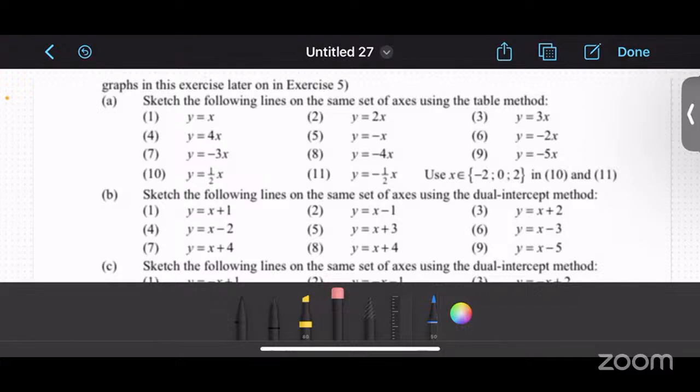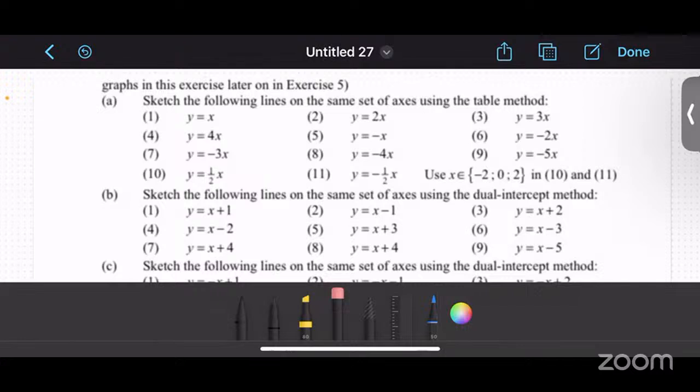Okay, so that is the biggest difference. You find the x-intercept and the y-intercept, right? Remember, for your y-intercept, your x is equal to 0. Your x-intercept, your y is equal to 0. That's the vice versa, all right?